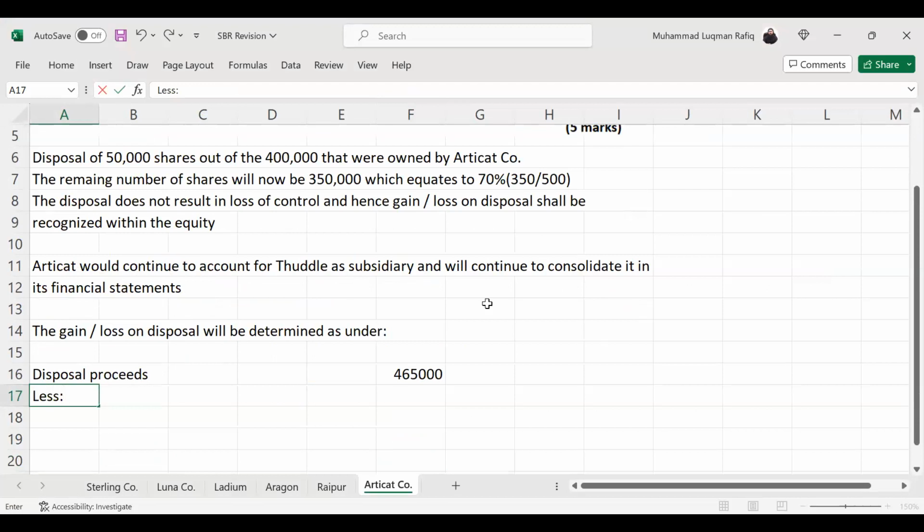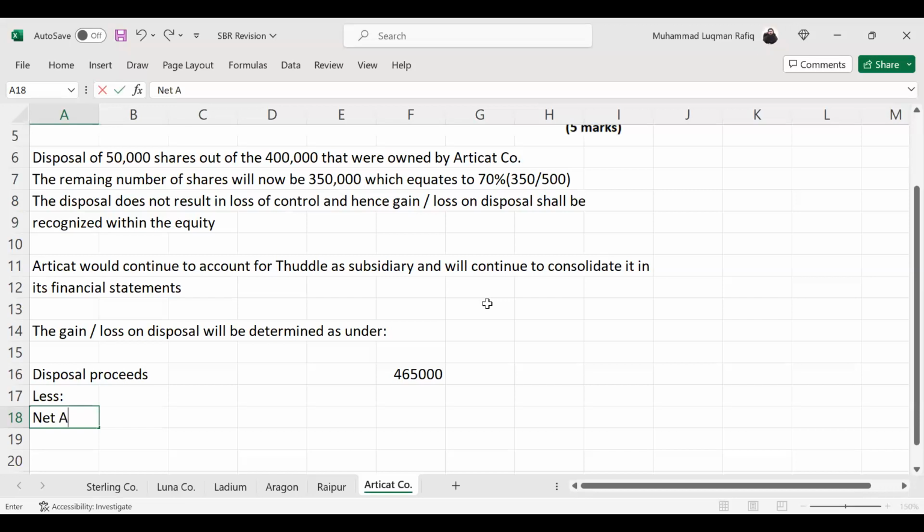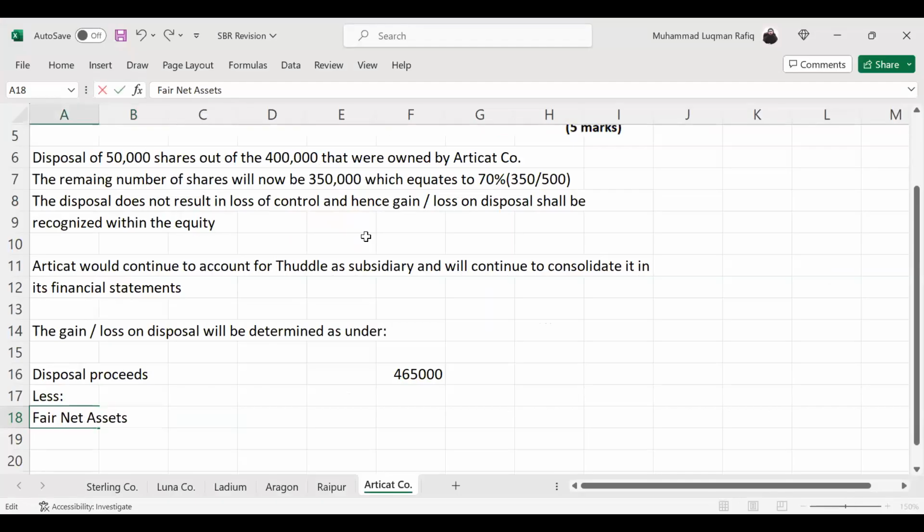Less, net assets that the company had. Fair value of net assets with parent, $4.8 million.